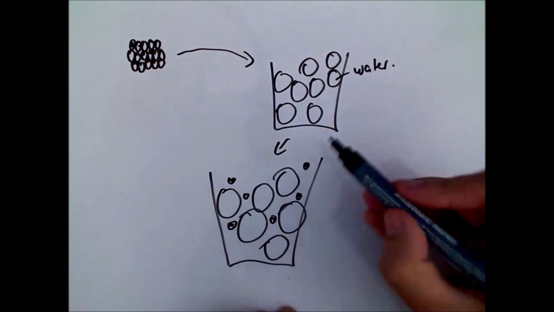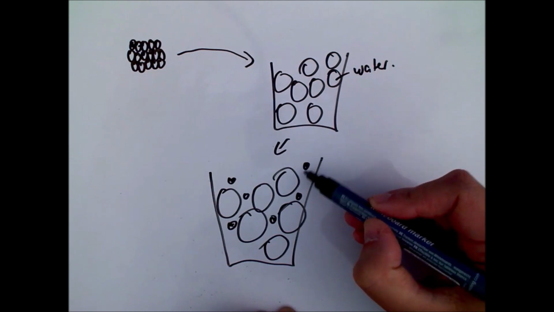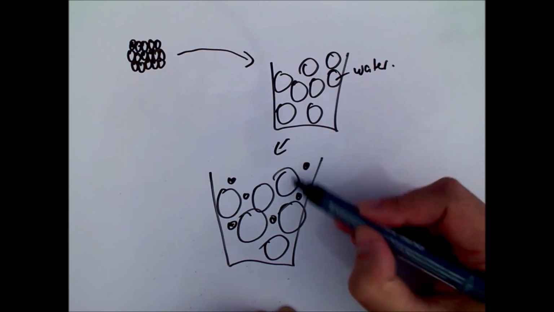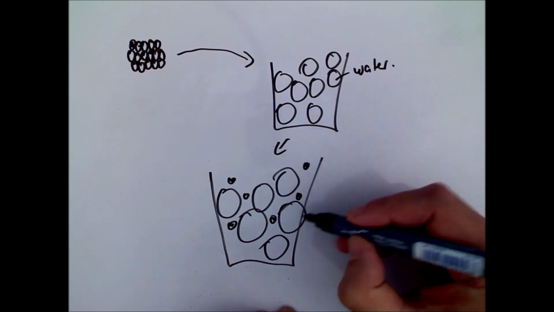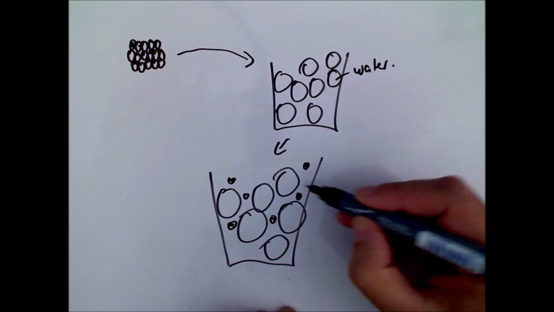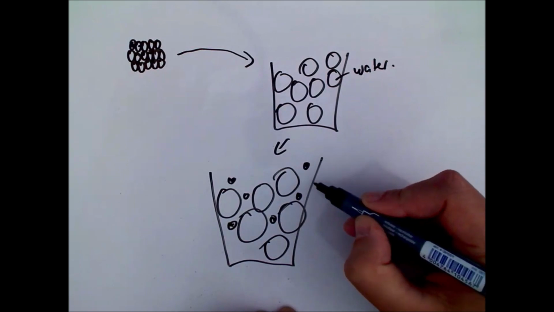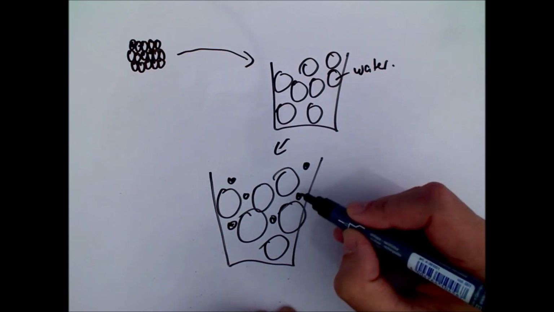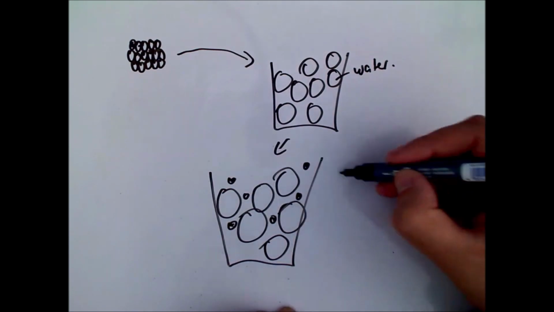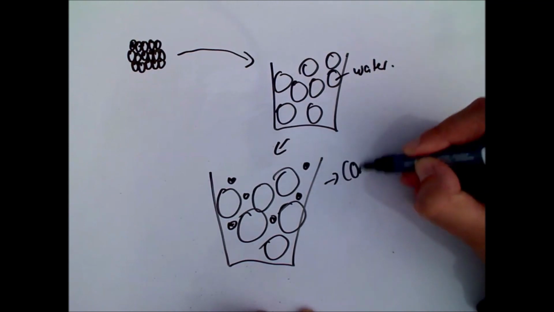Now because they're charged, and because they're free to move and carry that charge, they're actually able to conduct electricity when they're in solution like this. So we call it a solution because we've got a mix of them. Okay, so that flow of charge, that carrying of the charge, is conducting electricity.